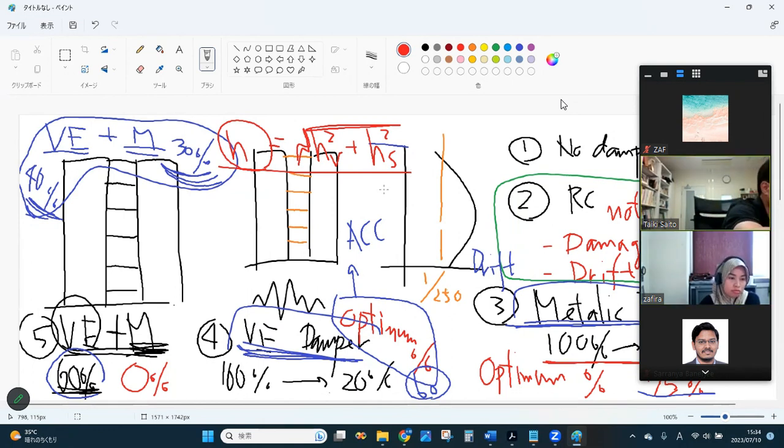And this hysteresis damper is a bilinear. So there is a formula. You remember? Yes, I remember. You gave it to me. And for viscoelastic, also there is a formula.